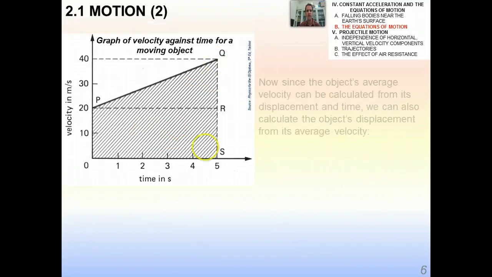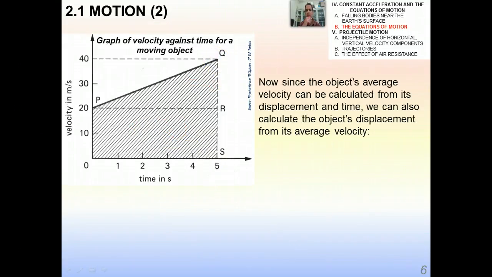So for the next equation, I'm going to notice something about the object's average velocity. I can calculate it from its displacement and time, and you can also calculate the object's displacement from its average velocity. So for example, the average velocity is just going to be (v plus u) over 2.